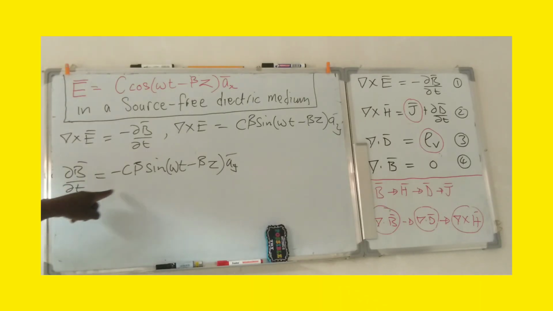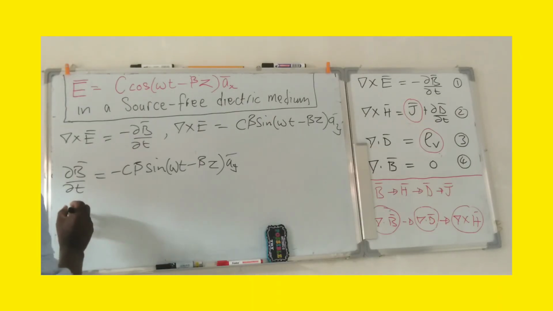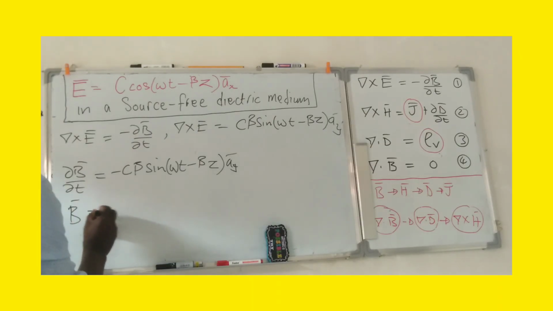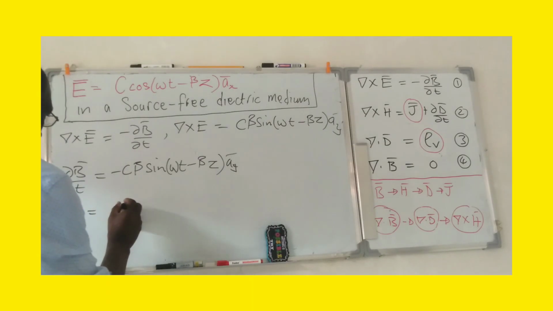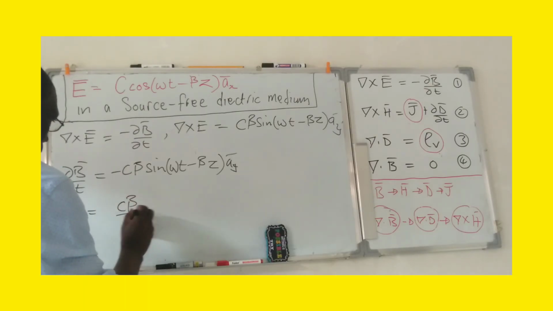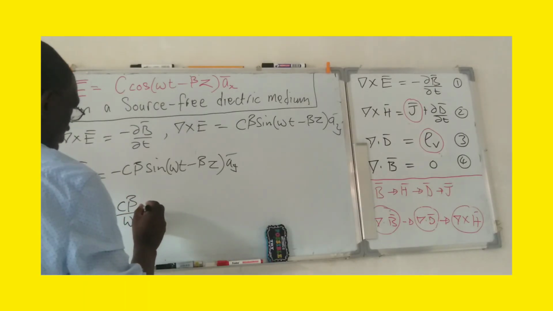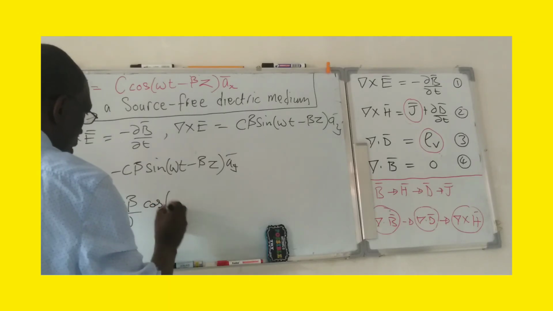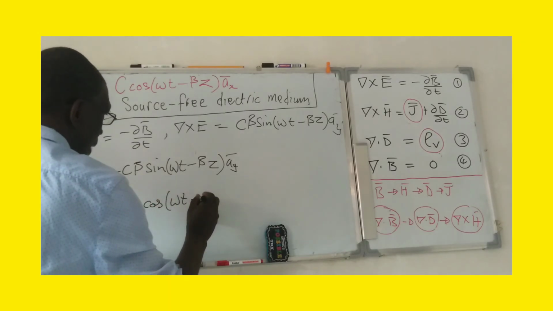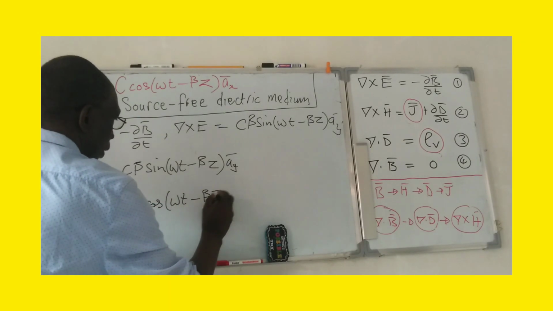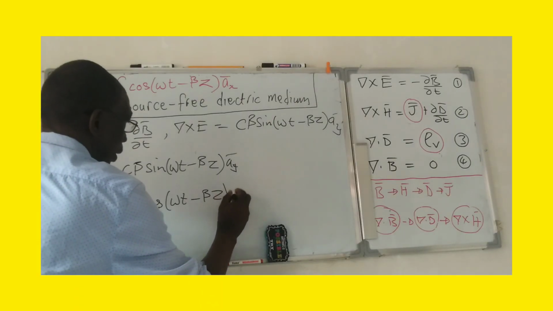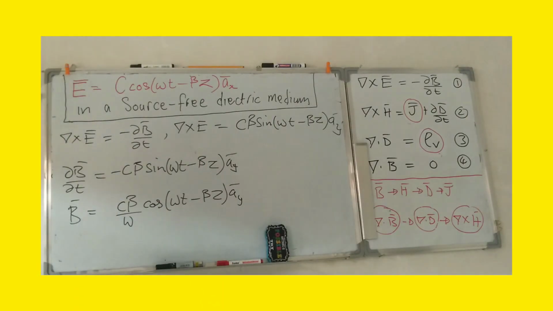Now, if partial B, partial t is equal to that, B itself is when we integrate this expression. So therefore, our B is equal to C beta over omega cosine of omega t minus beta z along the y direction.